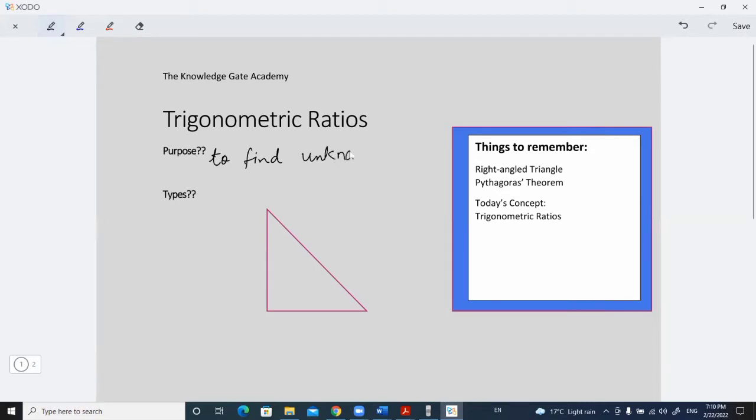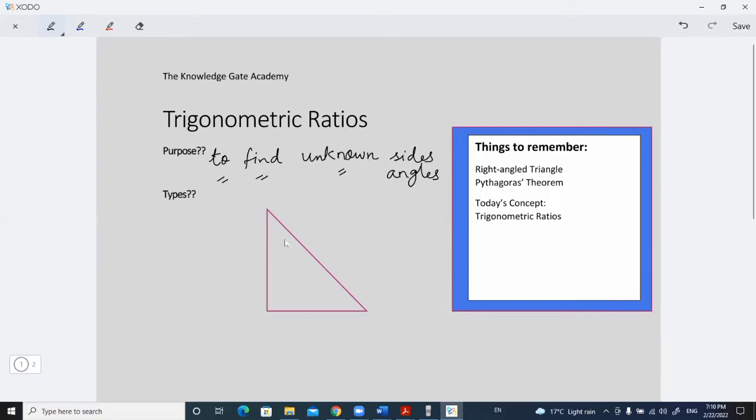So we can do two things in trigonometric ratios: find unknown sides, and find unknown angles. As I have discussed, we are only discussing right-angled triangles, for Pythagoras theorem as well as trigonometric ratios.